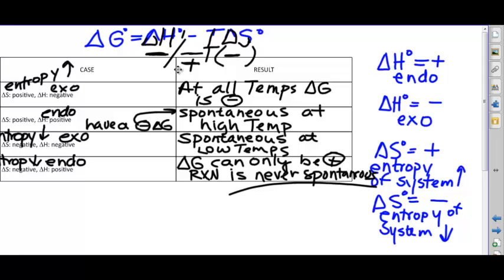However, at high temperatures, this side dominates. This becomes the driving force as the temperature increases. And this side is positive. So if this becomes the driving force as temp goes up, then delta G will be positive and non-spontaneous at high temperatures.